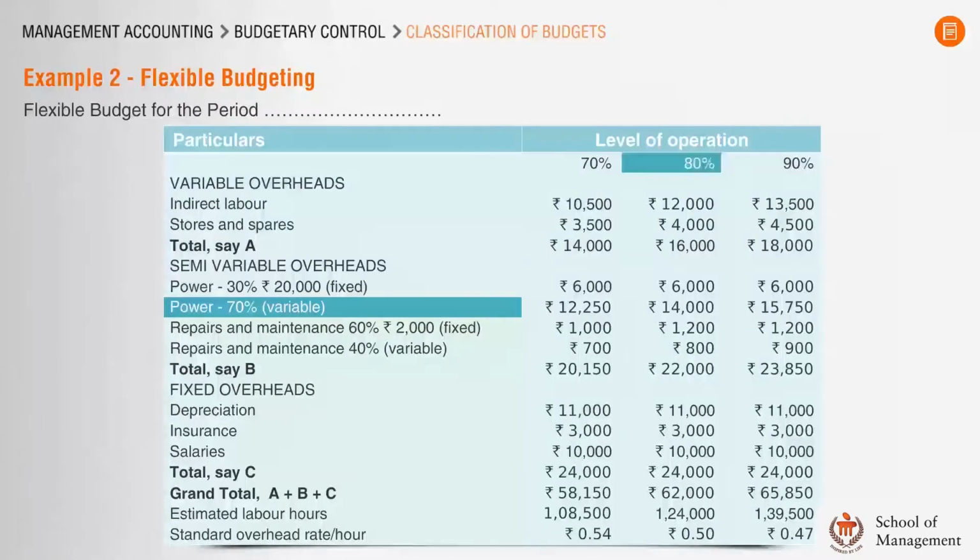So, variable cost at 80% level is 14,000, which will decrease to 12,250 rupees at 70% level. That is 14,000 rupees divided by 80% multiplied by 70%. And this will increase to 15,750 rupees at 90% activity level.